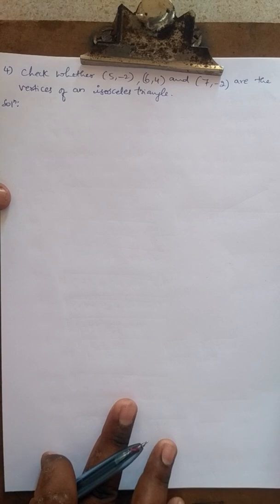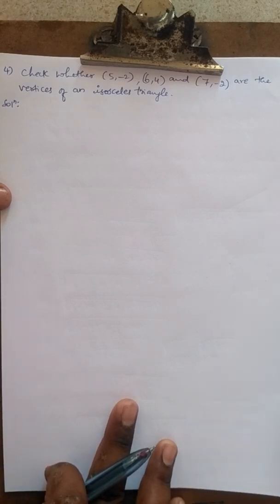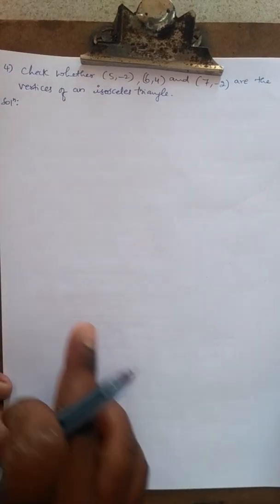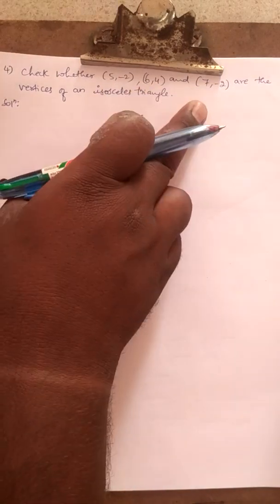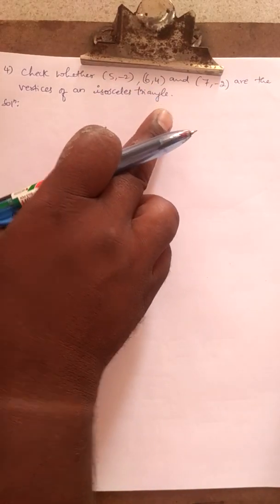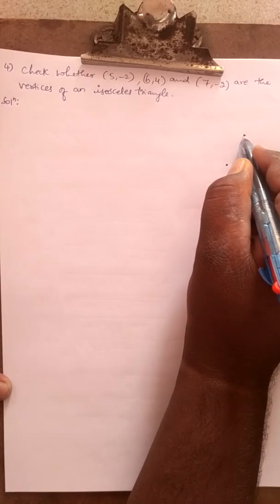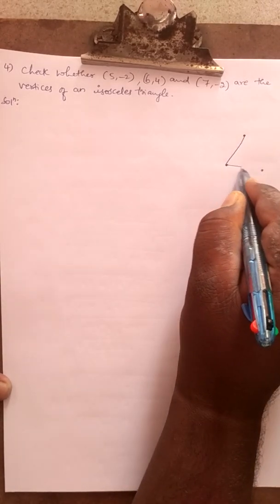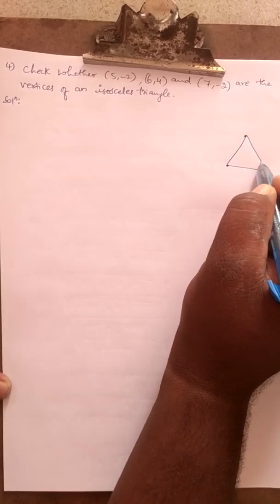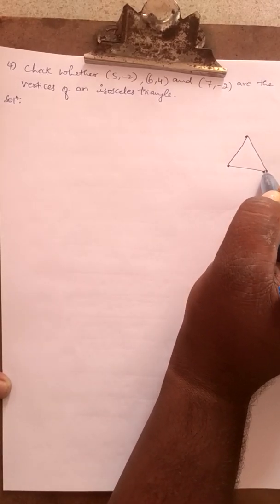Now see here, isosceles triangle. What he is going to say is that these three coordinates are points of a triangle. So here I am going to take 3 points, and they are going to form a triangle, right?